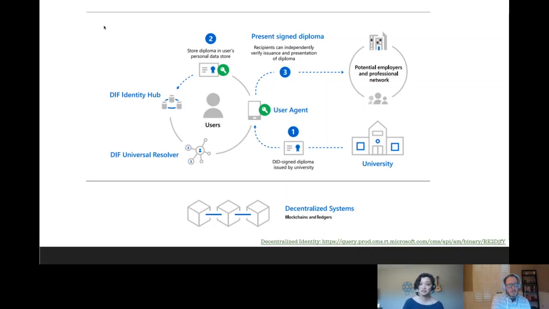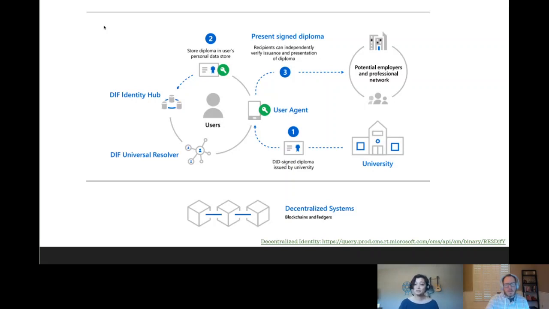And you can see that in step number 2, storing the diploma in the user's personal data store. Now, say again that Alice wanted to use that diploma to perhaps apply for a job. You can see where she might, as step 3, present that signed diploma, and then whoever receives that diploma can all by themselves independently verify that this diploma is valid.